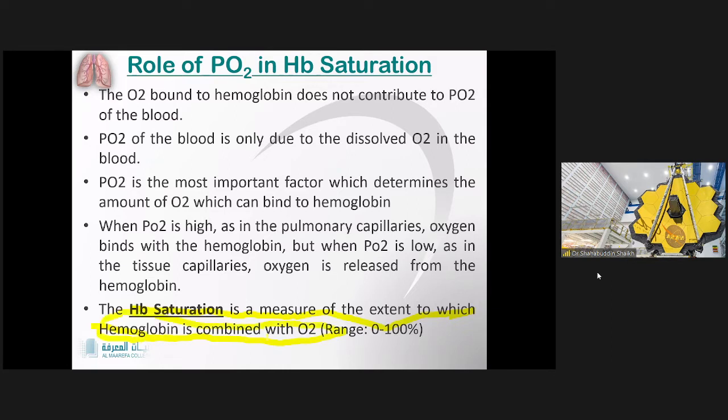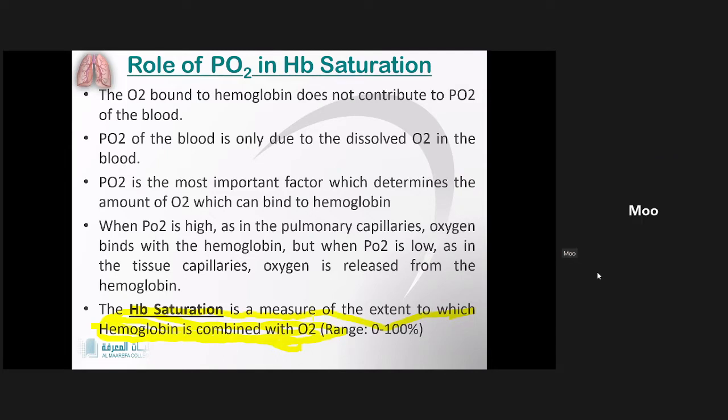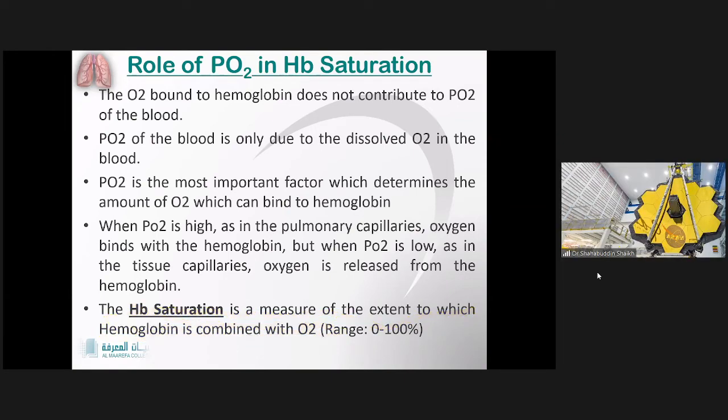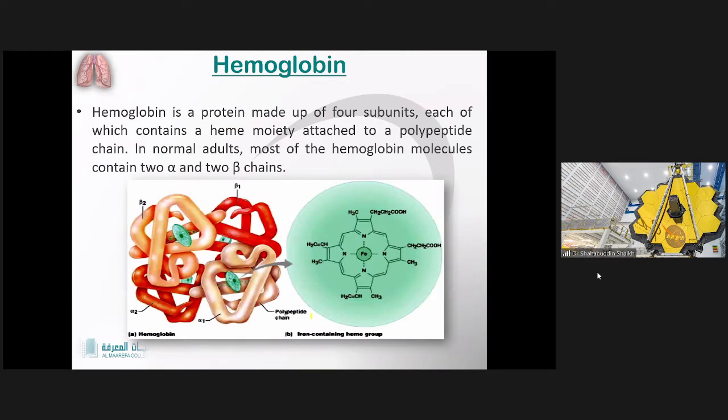There is nothing else we can explain about it; just remember the words of this definition. So it tells you how much oxygen is bound to hemoglobin. How much is normal? 97 to 98%, almost 100%. Anything above 95% is normal.